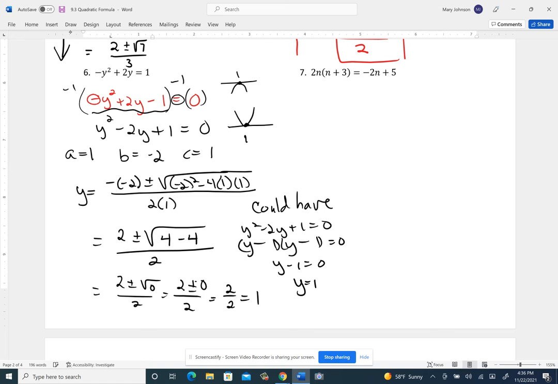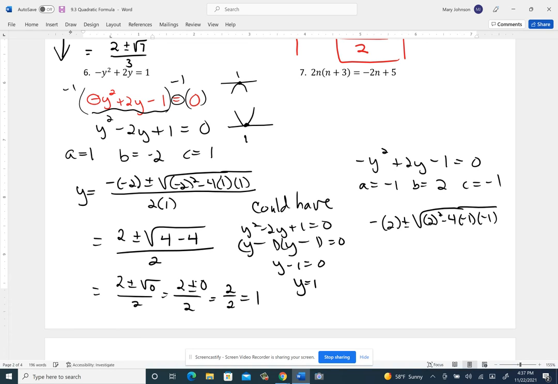I'll erase these before I do number 7. What if we left it with a negative on the y squared term? Then a would be negative 1, b would be positive 2, and c would have been negative 1. So watch what happens. You'd have the opposite of b, the b would get squared, minus 4 times the a times the c, all of that over 2 times the a value.